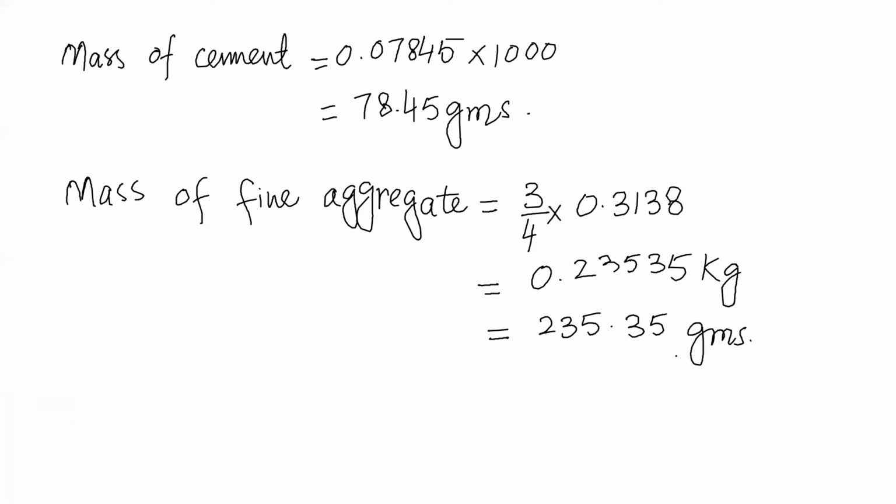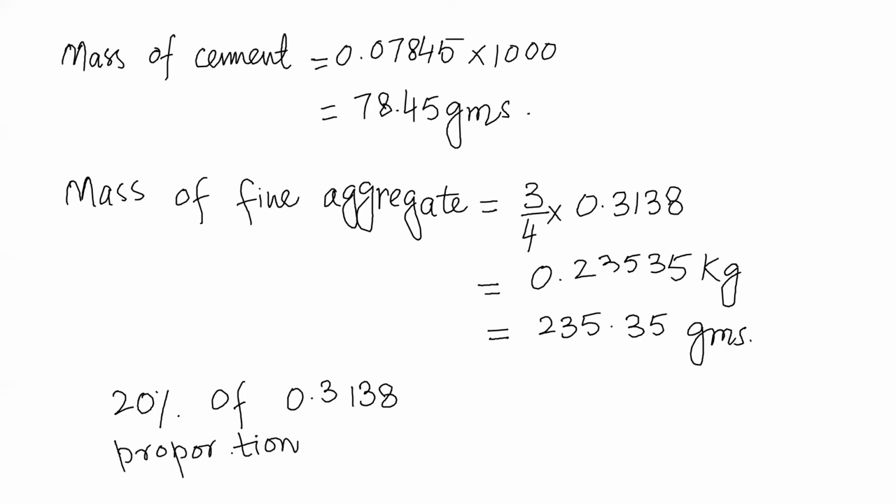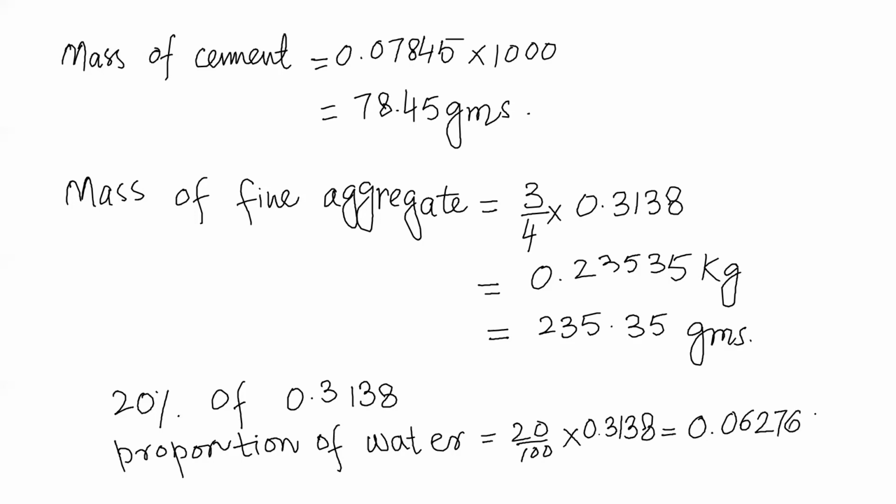And what is the W by C ratio? In the mortar case, we have to take 20% of total mass, that is 0.3138, so we get the amount of water. 20 divided by 100 multiplied by 0.3138 is equal to 0.06276 kg.